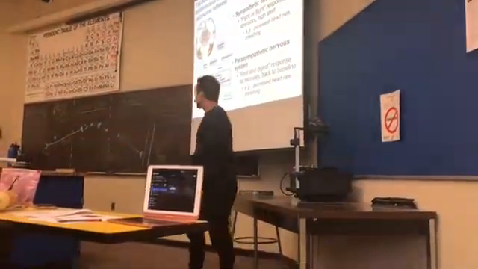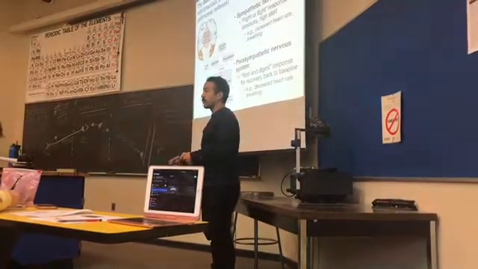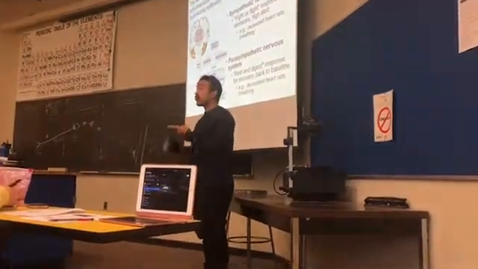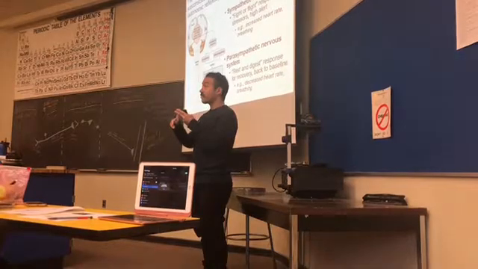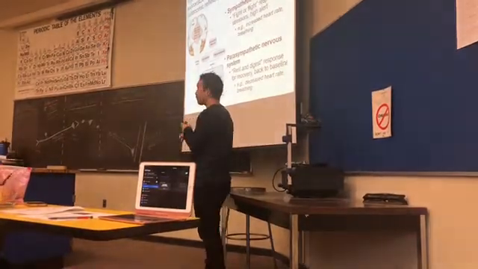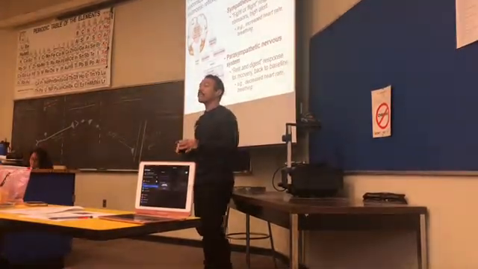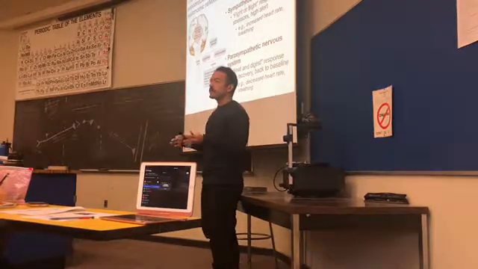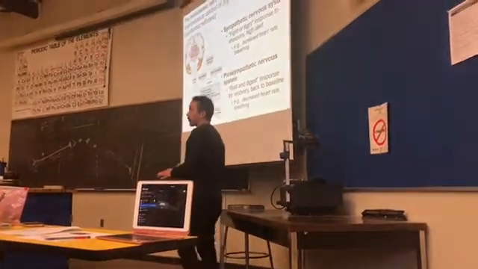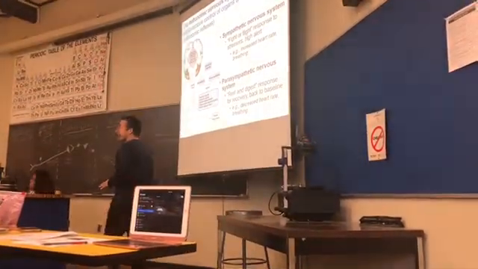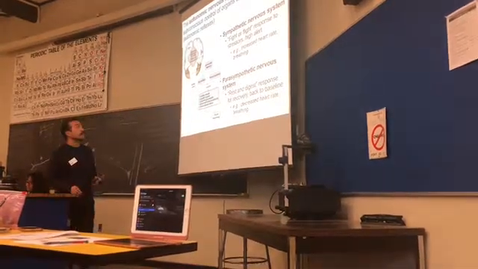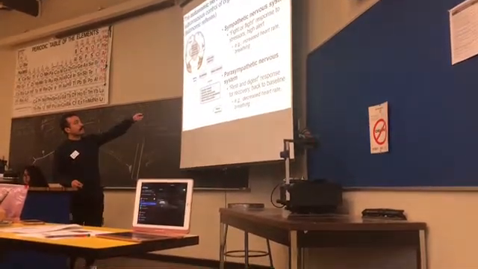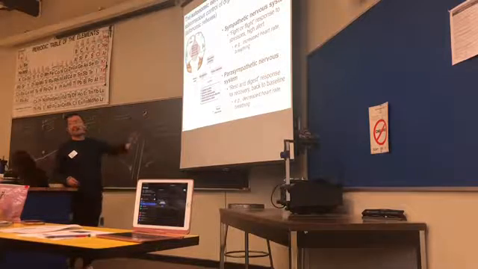So skeletal muscle, that's somatic motor nervous system. Things like your smooth muscle, cardiac muscle, glands, that's autonomic. The difference between sympathetic and parasympathetic: sympathetic is your fight or flight response.